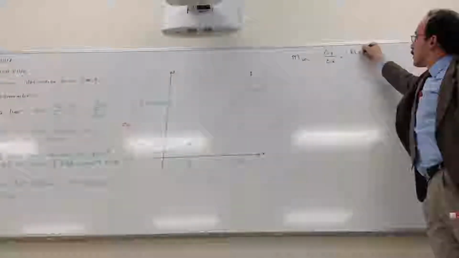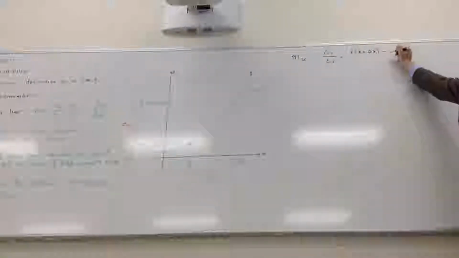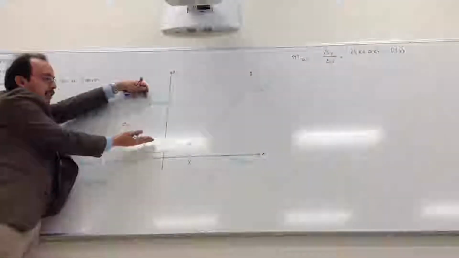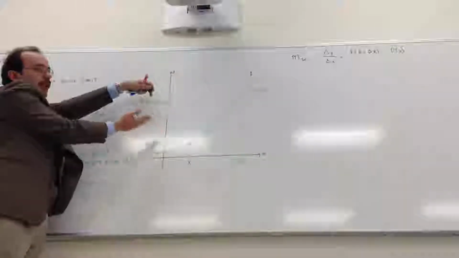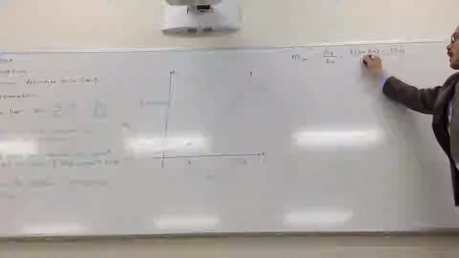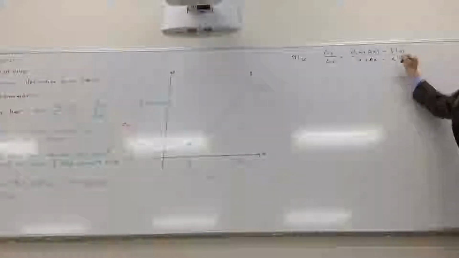F of x plus delta x minus f of x, because it's the whole distance to this value minus this one, the difference. Y2 minus y1, over delta x, and delta x is x plus delta x minus x.